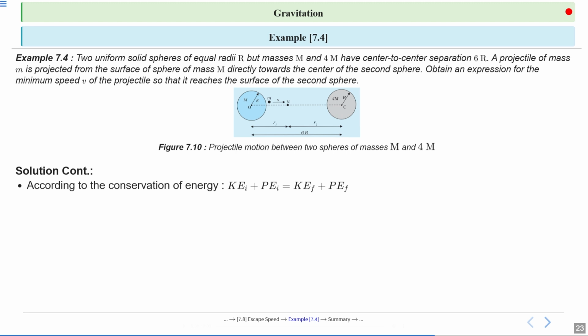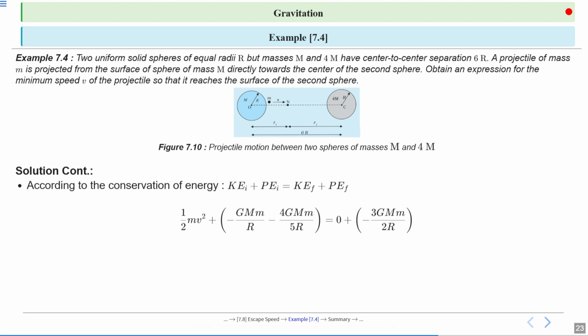Or we can say initially the projectile has kinetic energy and potential energy due to its position relative to the two spheres. In this equation we use kinetic energy initial plus potential energy initial is equal to kinetic energy final plus potential energy final.